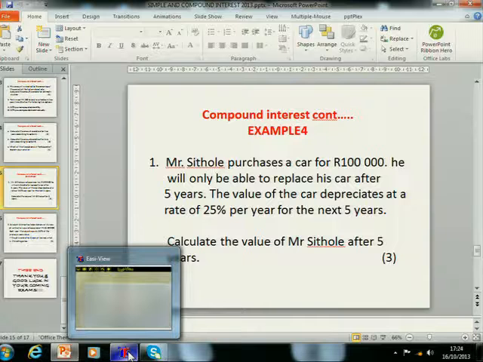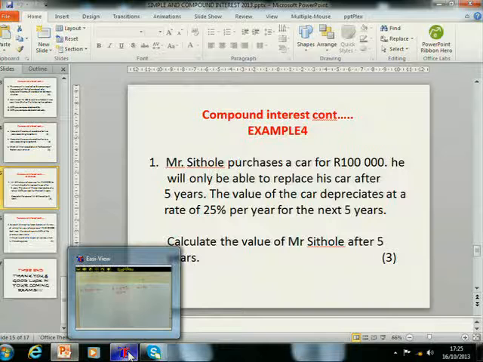We have 100,000, that's the value of the car. This will be our P, and then our I, it's 25%. 25% will be the same as 0.25. And then what else do we have? We have N, which is 5, and then there's no compounding.